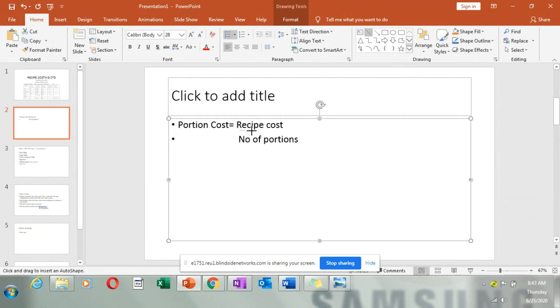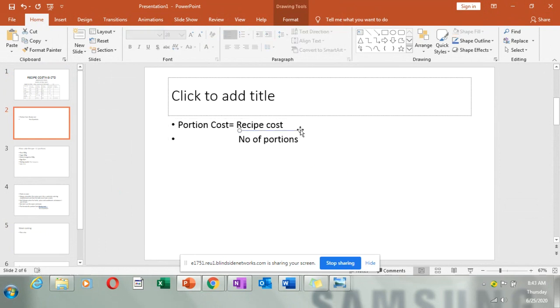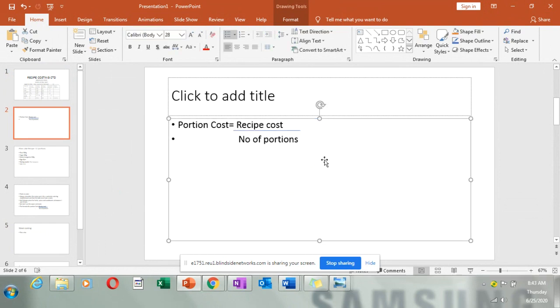So there we go. Number of portions. So we say 219.625 divided by. What's the number of portions?